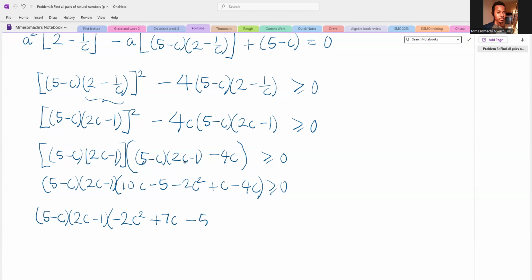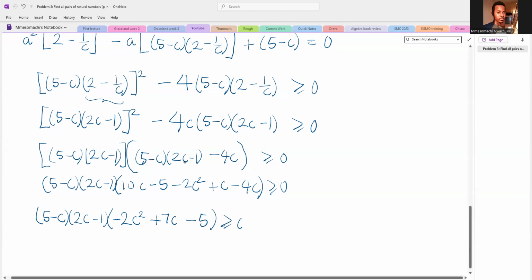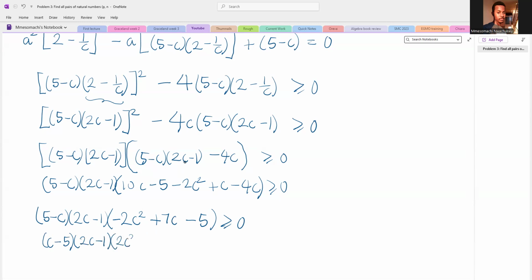And then we have minus 5, which is greater than or equal to 0. We can multiply this by minus 1 on both sides, so the inequality sign does not change. So we have (c - 5)(2c - 1) times (2c squared - 7c + 5).